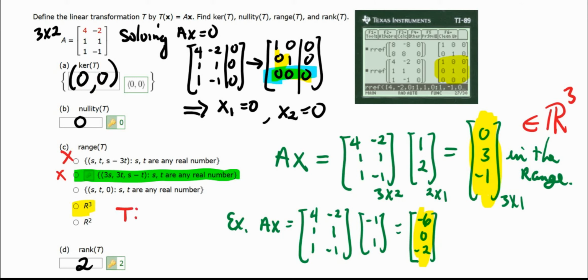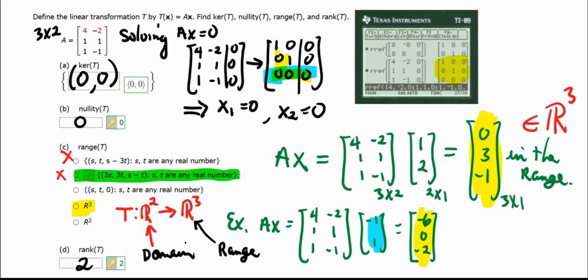This T is saying that you're mapping these vectors here, so that's R2, is being mapped into R3. So this R2 is the domain, and this guy would pick up the so-called range values.